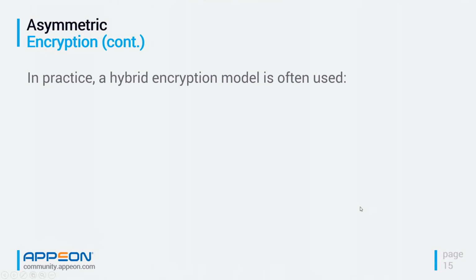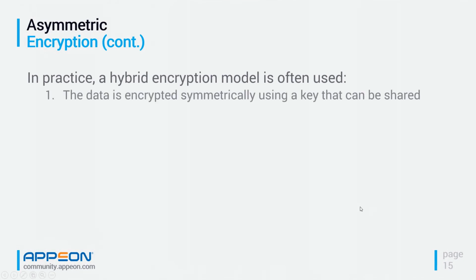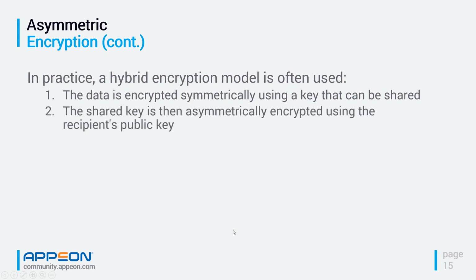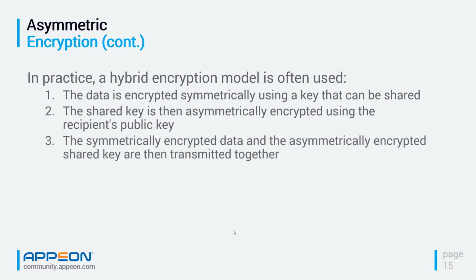Well, what they often do is use a hybrid encryption model. You encrypt your large block of data symmetrically, using a key that you can share. Then you take that symmetric encryption key and asymmetrically encrypt it. Then you can send the data and the symmetric key, both encrypted.